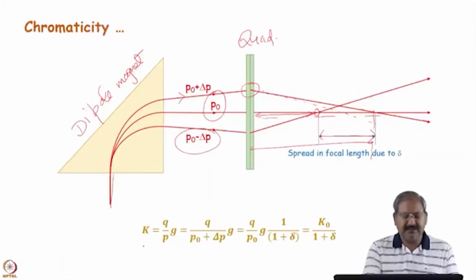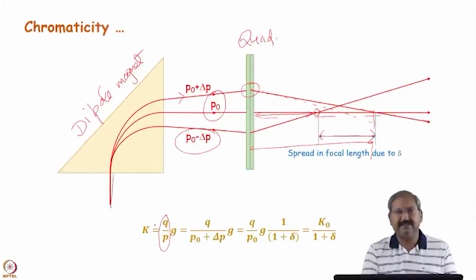The strength of the quadrupole magnet is defined as Q by P, which is basically the inverse of beam rigidity, and G is the gradient of the quadrupole magnet. The quadrupole magnet has a gradient in the field, and this is a constant quantity. So this G is a constant for the quadrupole magnet.